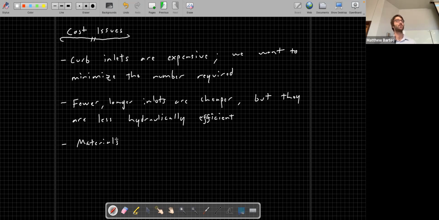Hydraulically, what kind of materials do we want? Impervious. What do we want to achieve with our gutters? Yeah, we want the flow to move fast. We want to produce a lot of discharge. So that means we want it to be low friction. Okay, so low friction is more hydraulically efficient.